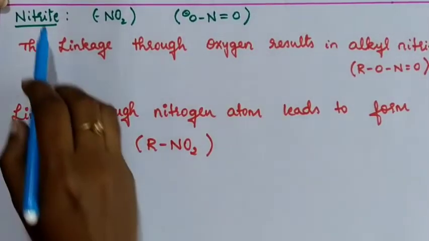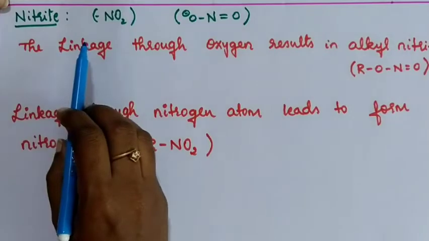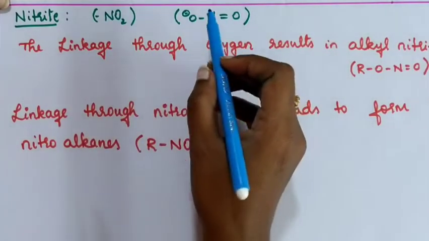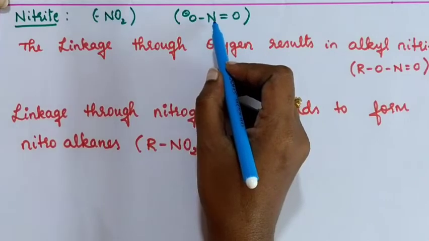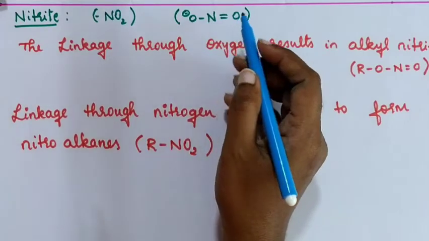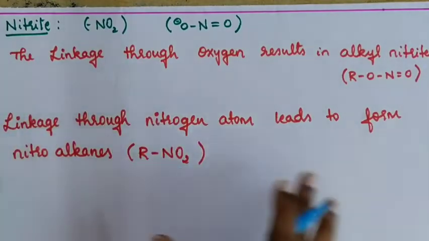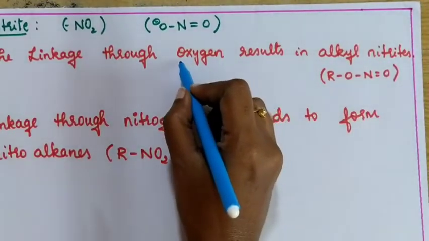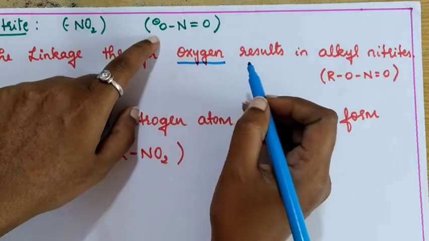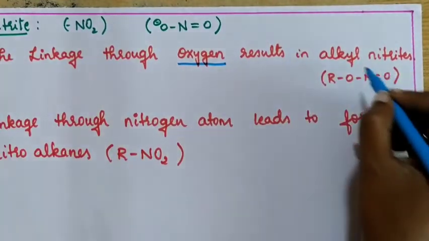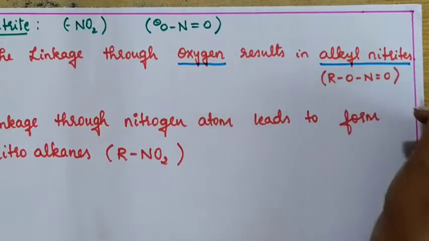You can give nitrite as another example of an ambident nucleophile. The representation is NO2, where nitrogen is bonded with 2 oxygen atoms. If the linkage, that means bond formation, takes place between the oxygen of the nitrite group and the carbon of the alkyl halide, then it will form alkyl nitrites.